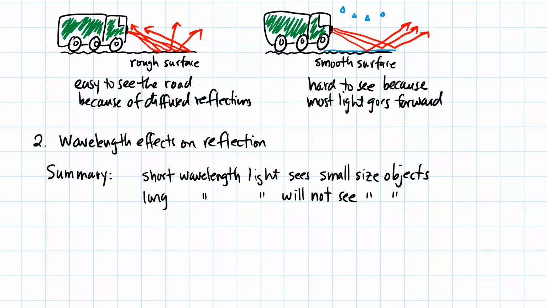Picture-wise, this is what I imagine by a short wavelength light. Its waves are short versus waves that are long. So the important thing here is that I'm looking at this distance right here compared to this distance here.